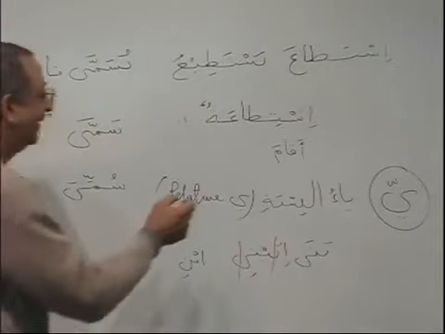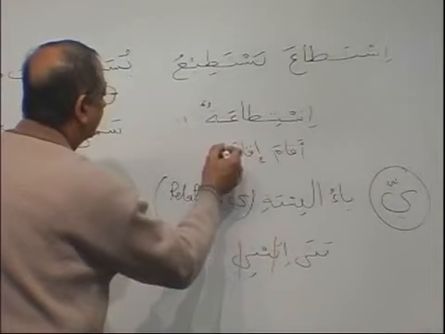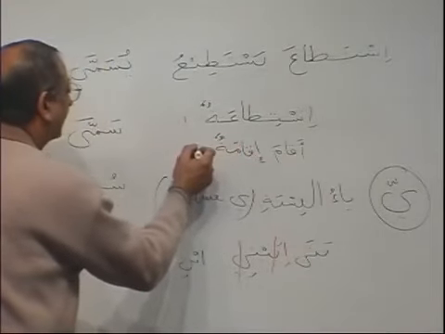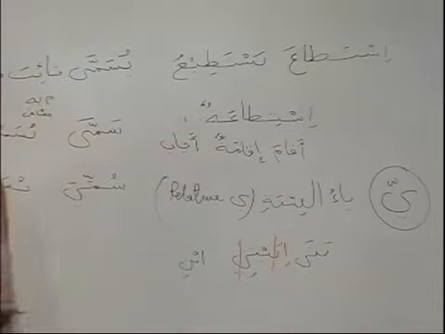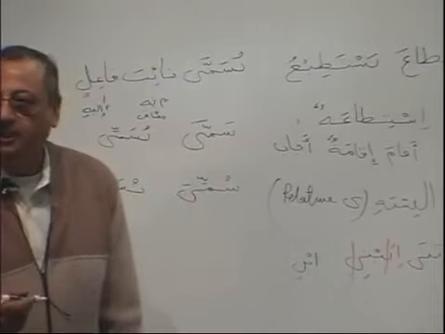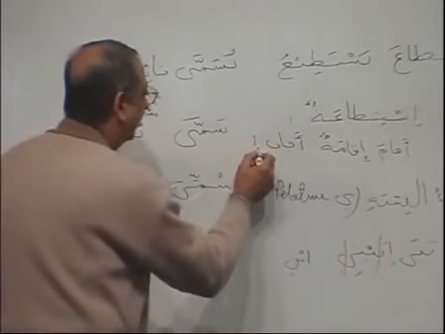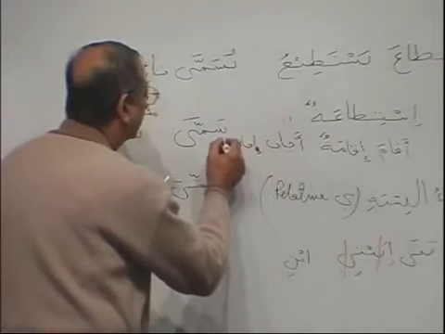Got the idea? Iqamatun. Brothers and sisters, ajaba, ijabatun. Why is it with tun? It is ajwaf, then we give ta marbuta at the end. Ijabatun.